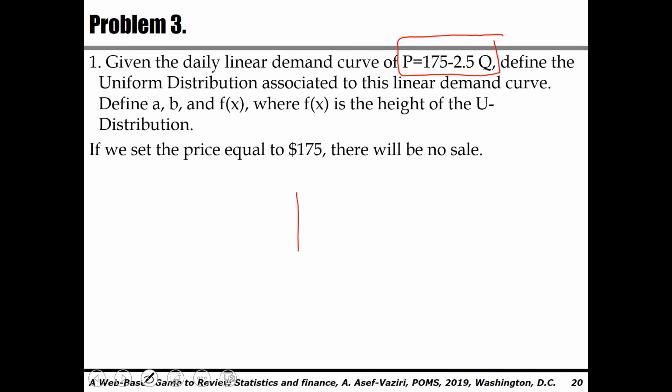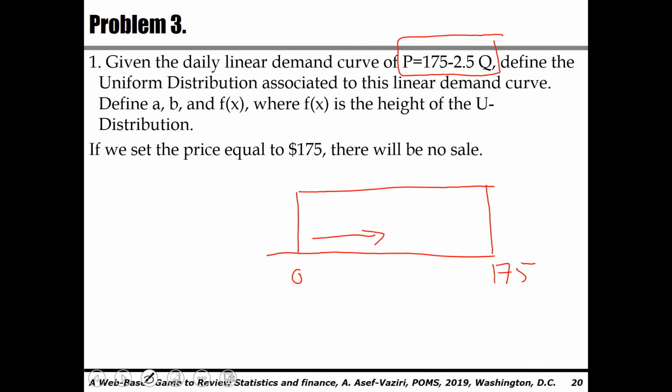So if this is price of 0, probability of sales is 100%. So it is to the right, and this is 175. And this height is height of the uniform distribution. But if I set the price equal to 175, probability is 0.